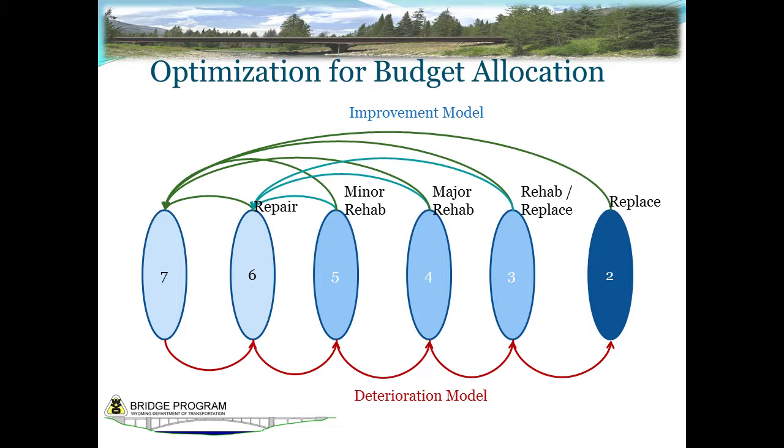This figure shows the general concept of optimization process for the budget allocation. This circle represents total deck area with specific NBI condition ratings. So adding up all of this area will represent the total deck area owned by WYDOT.